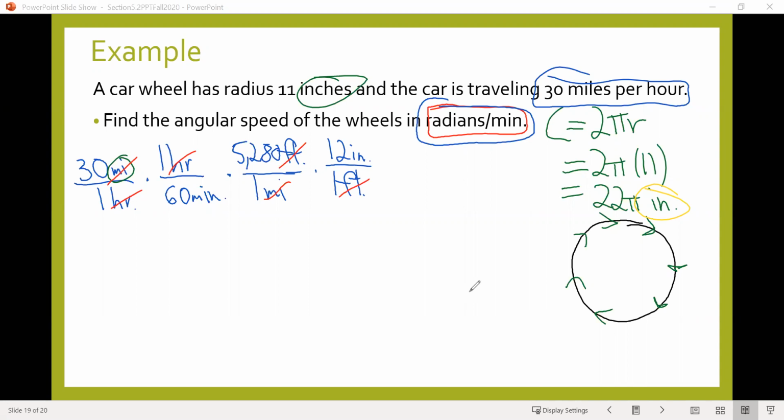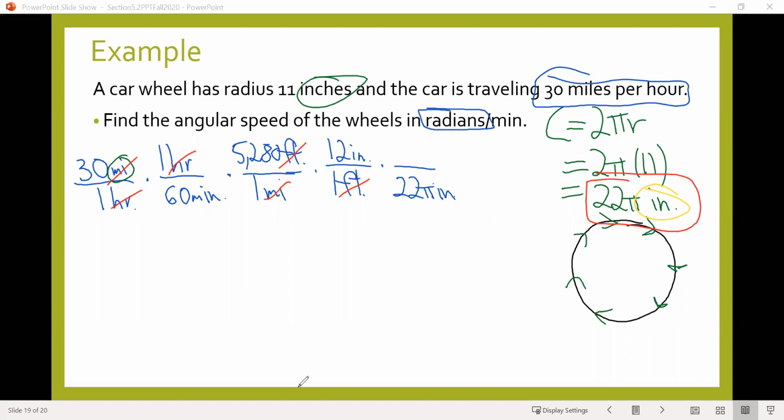Now we can relate it to what we have over here with the 22 pi inches. Recall again, we're trying to get to radians. And so we're going to do this thing where we know, again, the distance all the way around the outside of the circle is 22 pi inches. But if you're rotating all the way around the outside of a circle, well, first of all, notice we're trying to get our answer in radians here.